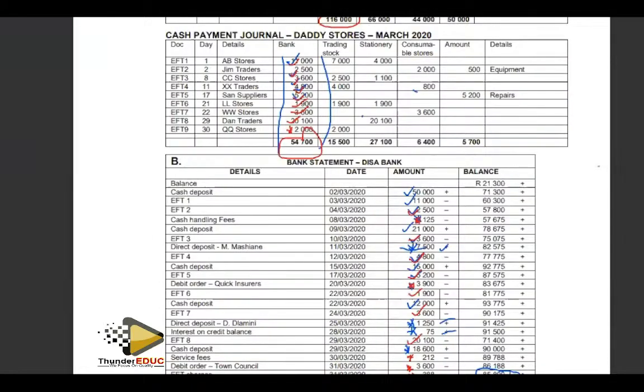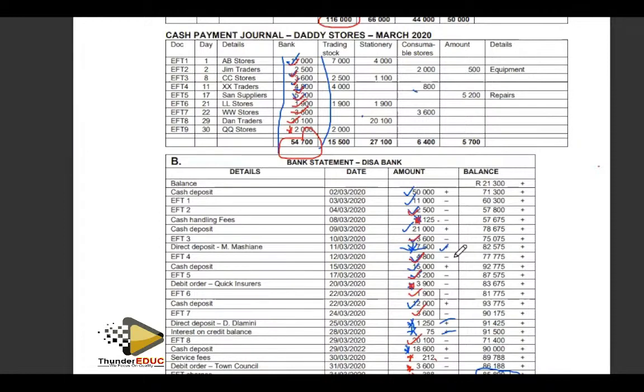So we are going to look at which items are here. There is 125 cash handling fees, debit order, service fees, EFT charges. So you see all these fees, this one and this one, we call them bank charges, okay? So we add them together. You're going to add with me and get one total, okay?